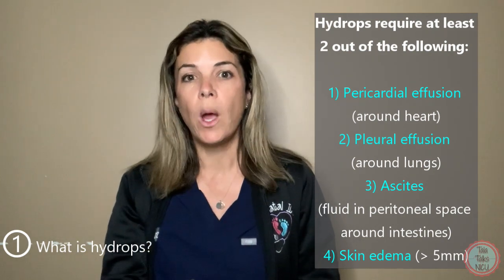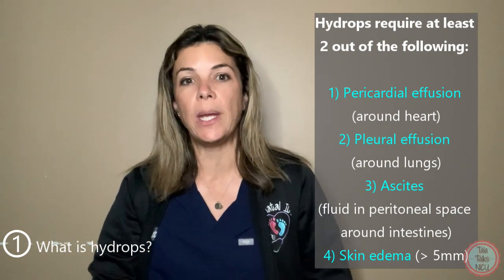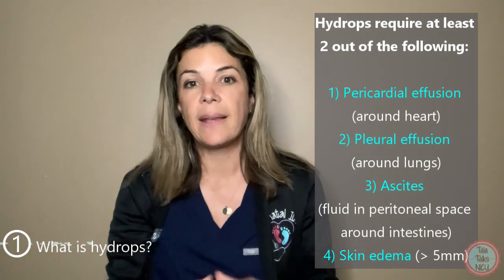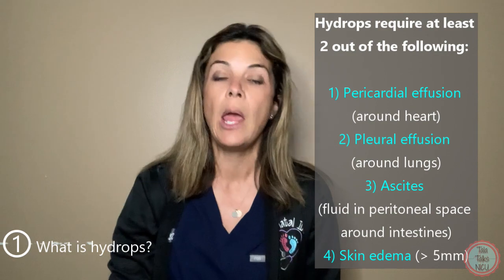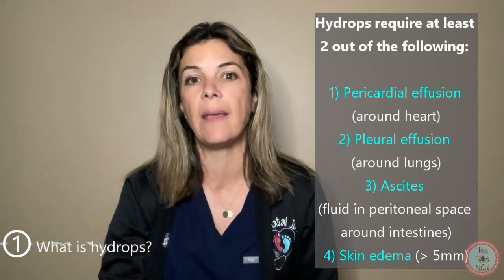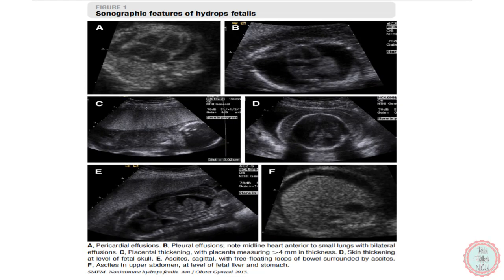Or 4, you have excess fluid in the skin. Excess fluid accumulation in the skin is diagnosed prenatally when the thickness of the skin is more than 5 millimeters. So if you have any 2 of those 4, then the baby is considered hydropic.